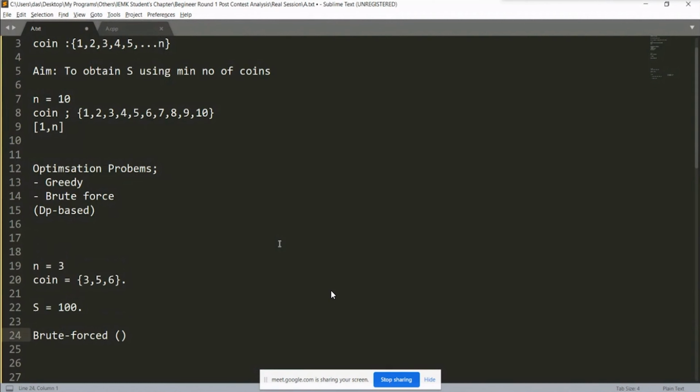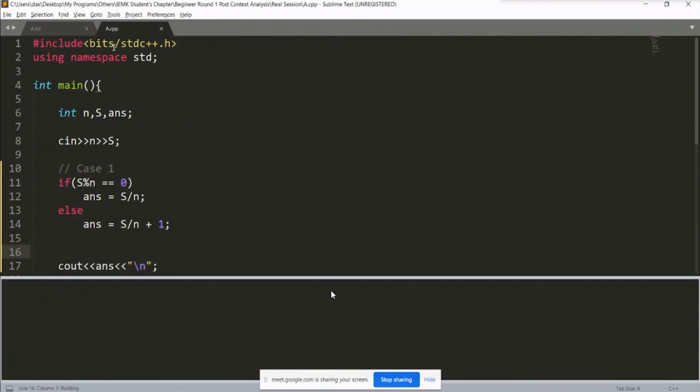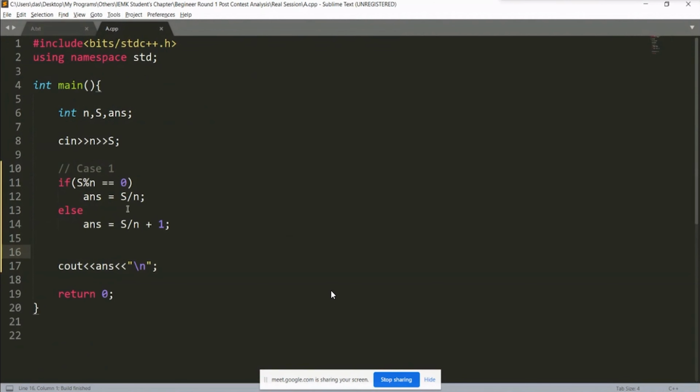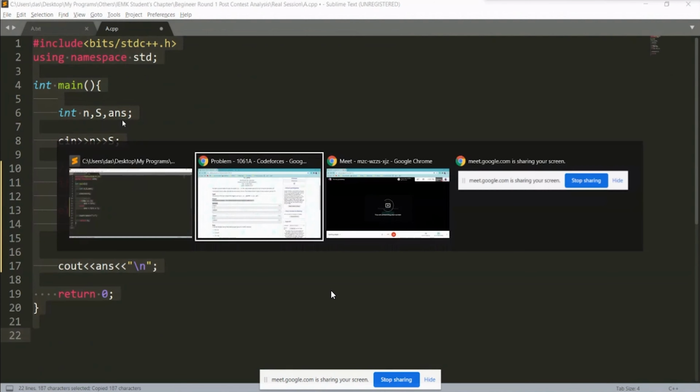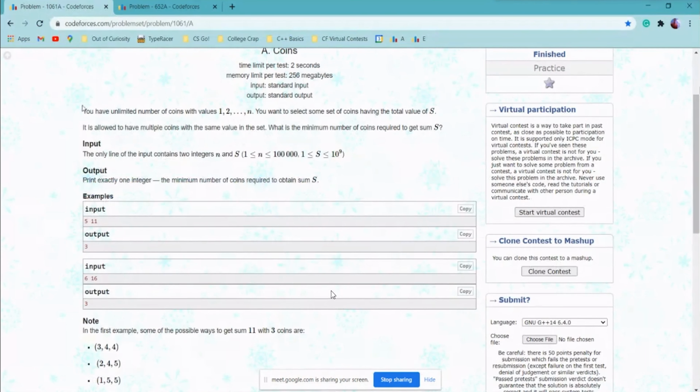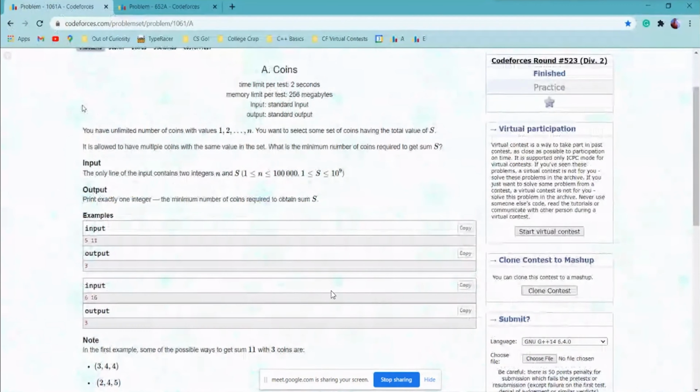And if you have an unlimited number of coins of each value, then that becomes an unbounded knapsack problem. You're just in first year, so I think you should not worry about these problems. You can solve them after you have covered all your basics. Okay, fine.